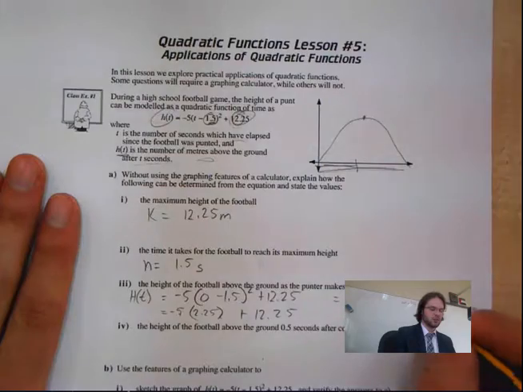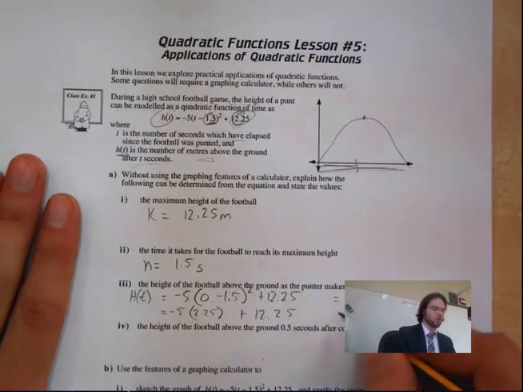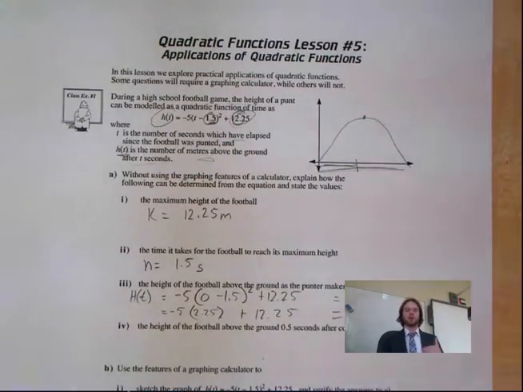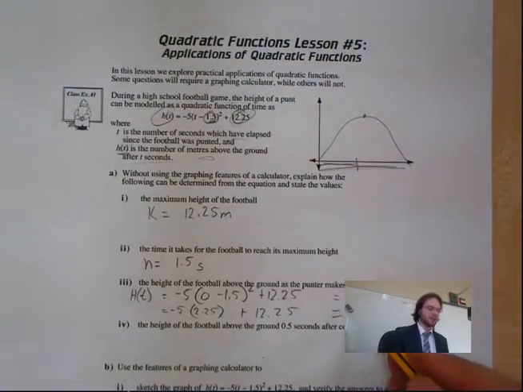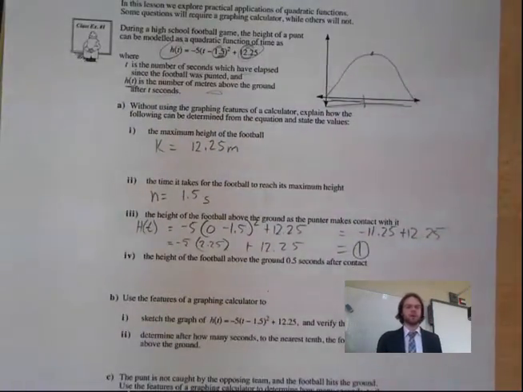We plus 12.25, which will give me a total of 1. So we are 1 meter above the ground. So he kicks it at a height of 1 meter above the ground.